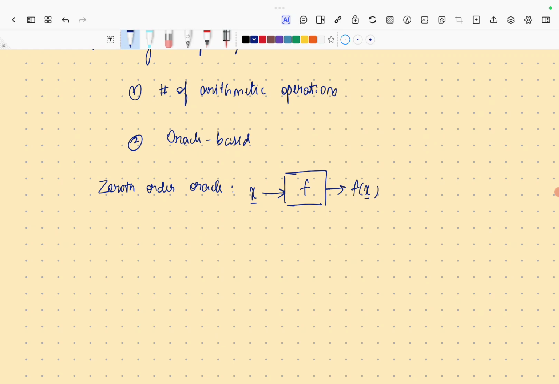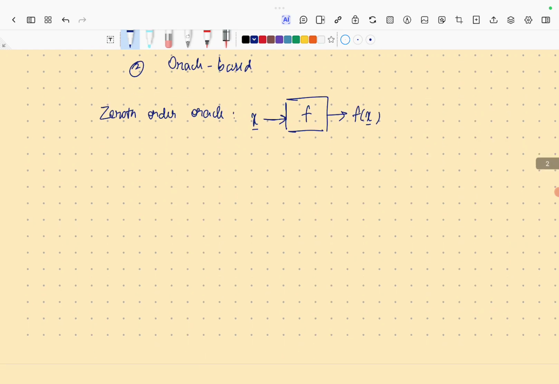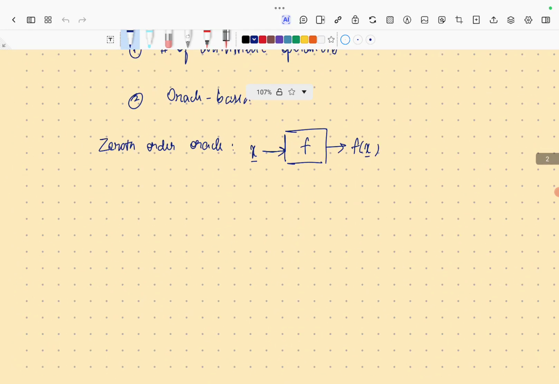I can also say, for certain functions for which the derivative is well defined, I could think of a first order oracle, where I can not just evaluate f of x, but I can also evaluate the gradient of f at the point x. That's called a first order oracle.